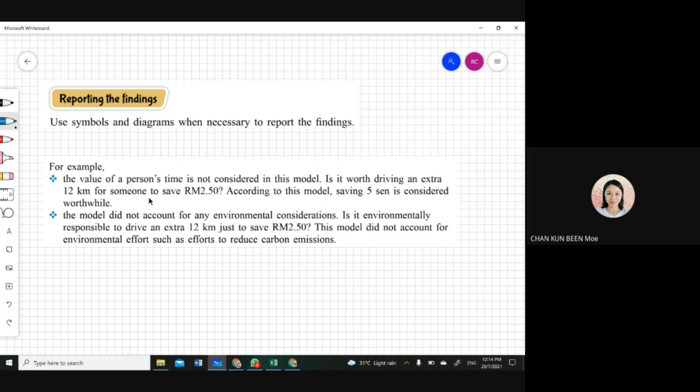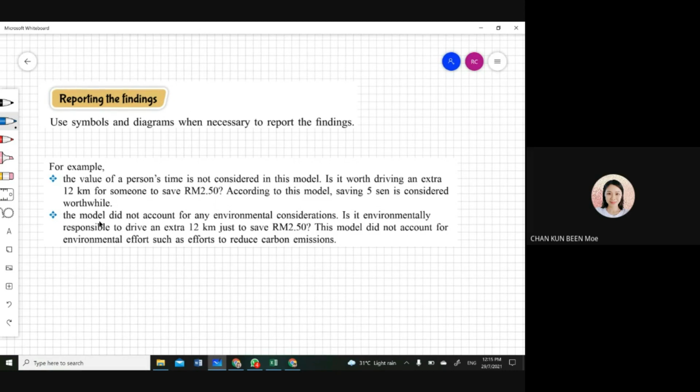So for someone like a manager, a very busy person, is it worth it for him to drive an extra 12 kilometers? 12 kilometers is quite far, right? If you include the traffic jam and so on, you need a lot of time just to save 2 ringgit 50 cent, whereas within that time, he can make more money. Okay, so this is one of the findings that you have to find out.